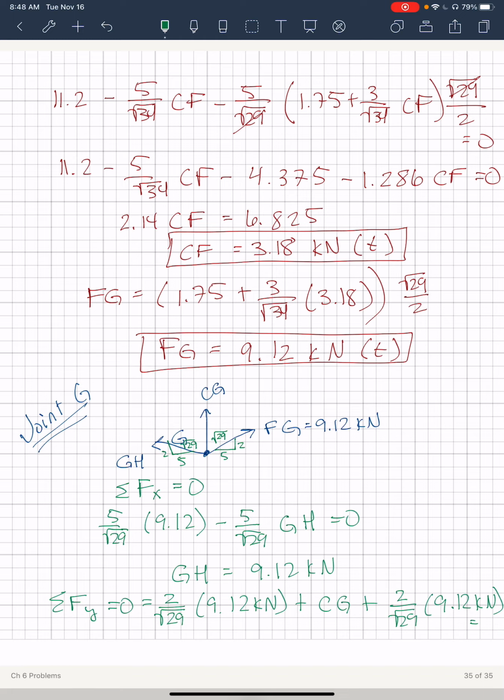That equals, or we already said that equals 0. And so that gives us CG equals, and it's going to be a negative number, so we guessed wrong.